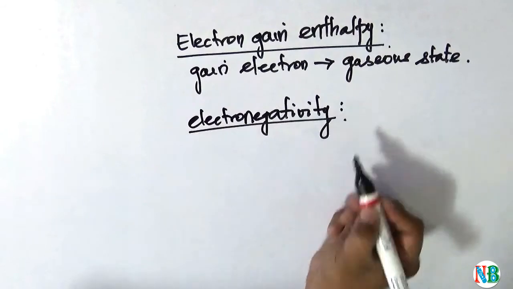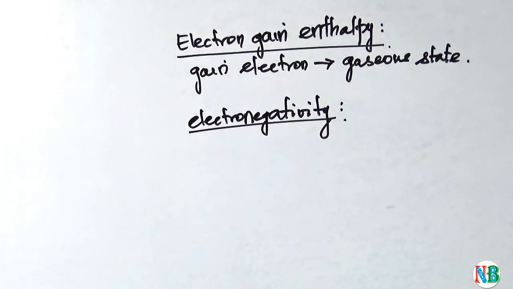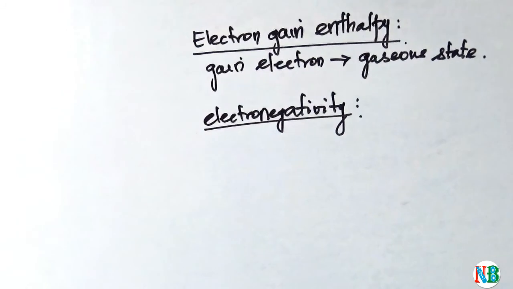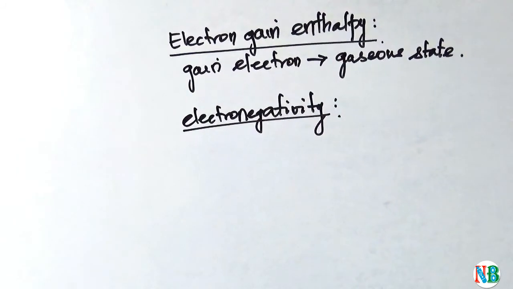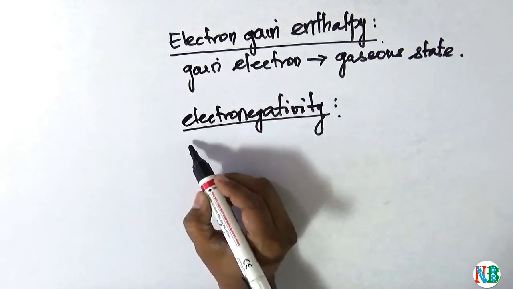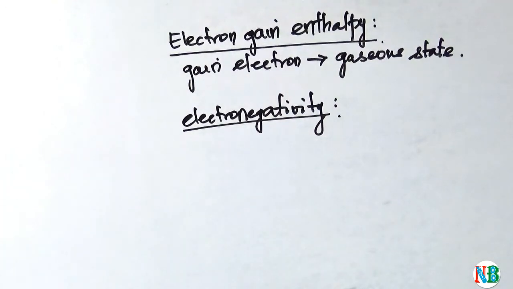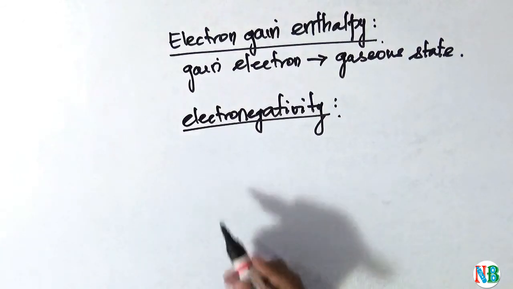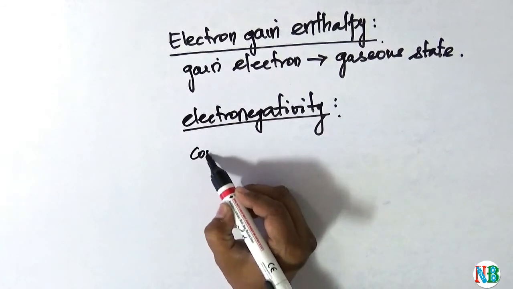What is electronegativity? Electronegativity is the ability of an atom, which is in a chemical compound, to attract shared electrons. So you have a compound.